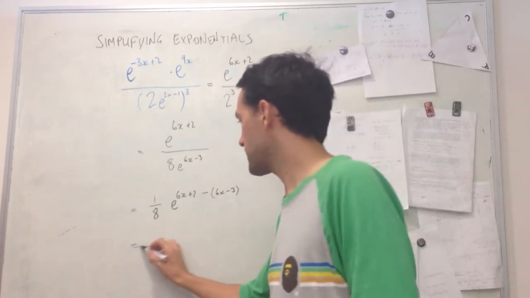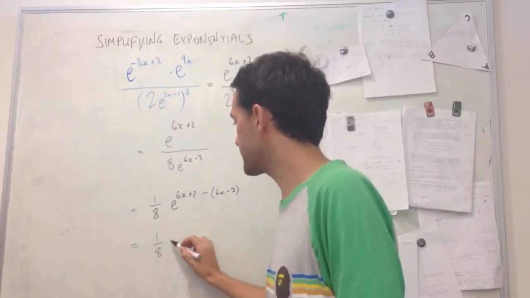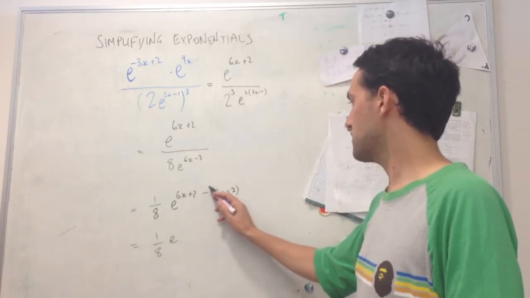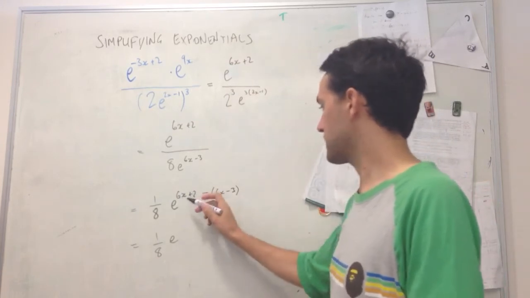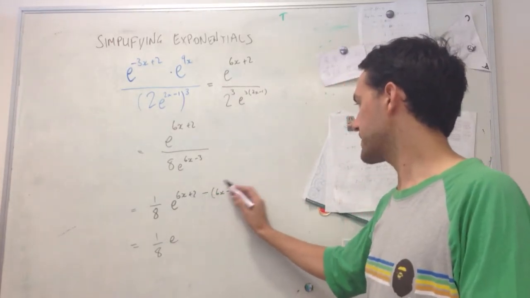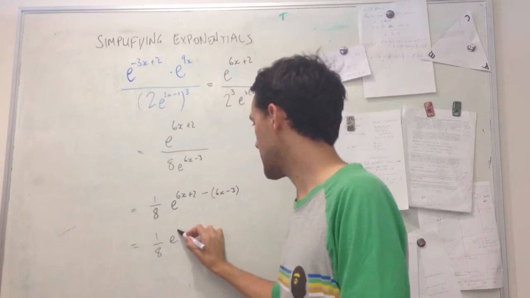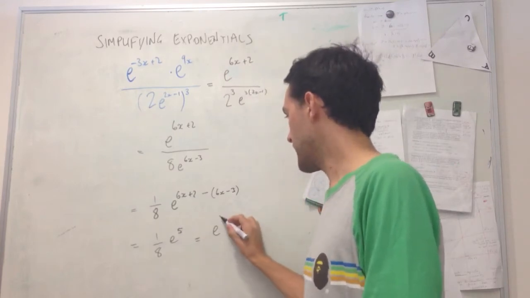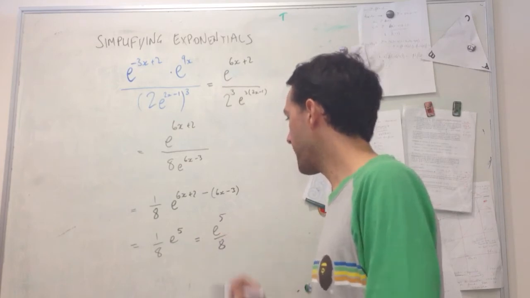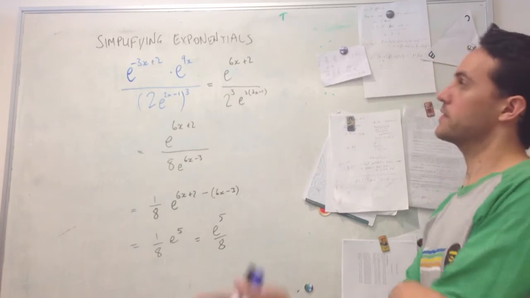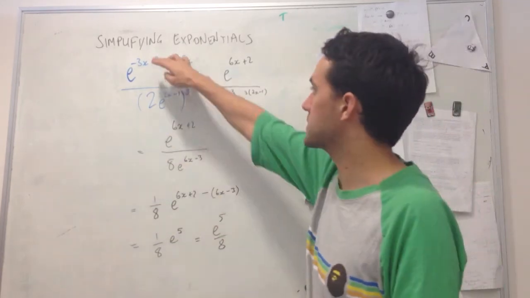So simplifying this, we're going to have an 8th outside of e to the 6x plus 2 minus 6x, so that means the 6x's will cancel, then plus 2 minus negative 3, so it just becomes e to the 5. Which we could also write as e to the 5 over 8.